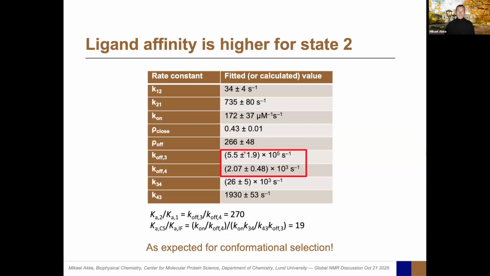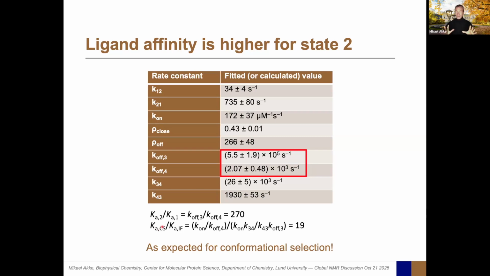And this means that the relative affinity of state 2 over state 1 is 270. So it's 270 times higher affinity for the conformational selection pathway, so to speak, or for state 2, that's the first step in that pathway. If you calculate the total affinity across the pathways, it's still a factor of 20, 19 in fact, more likely to bind via the conformational selection.